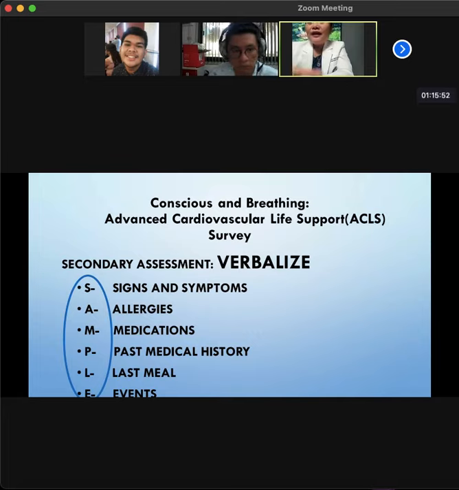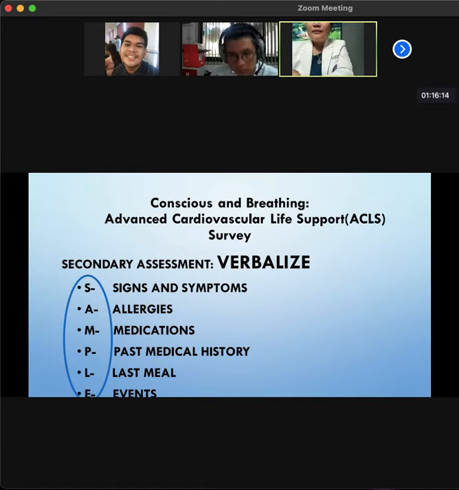Okay. And then, after the primary assessment, you go to the secondary assessment. So how are you going to ask for secondary assessment? For example, yung patient is conscious talaga. Kasi nasa ACLS tayo, di ba? Conscious na.